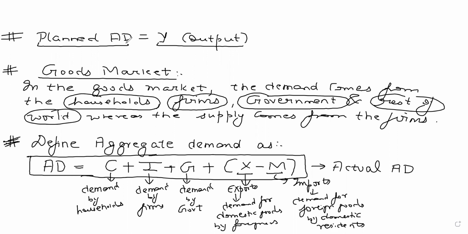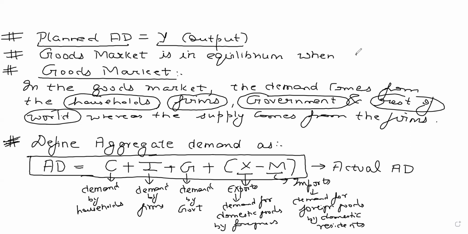Okay, now when is the goods market in equilibrium? Now we can all write that. We can write the next point. The goods market is in equilibrium when the actual aggregate demand is equal to the planned aggregate demand, where planned aggregate demand is equal to output.